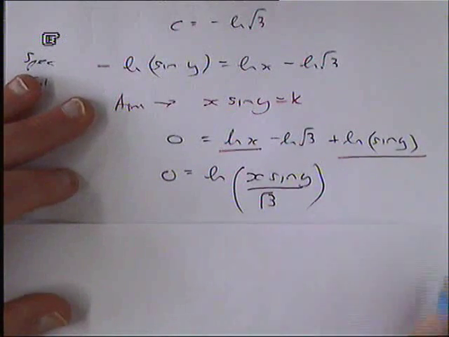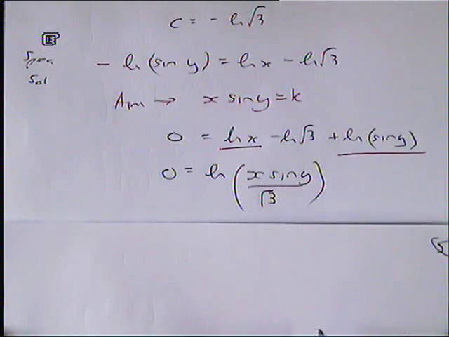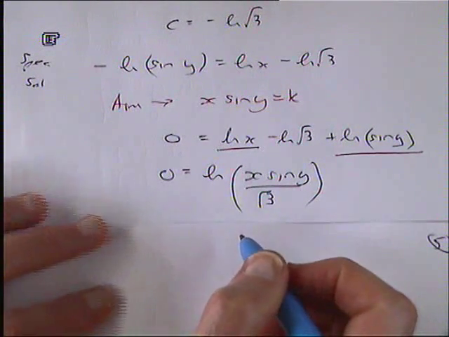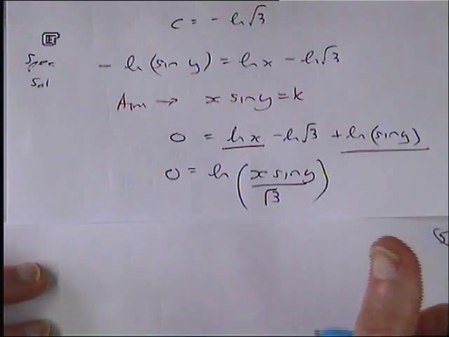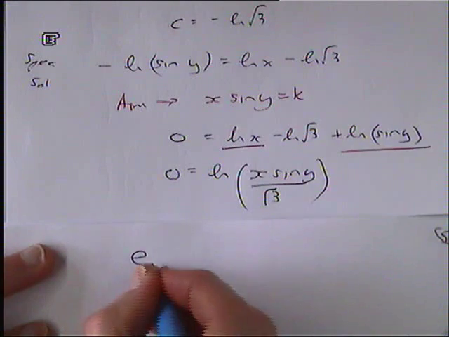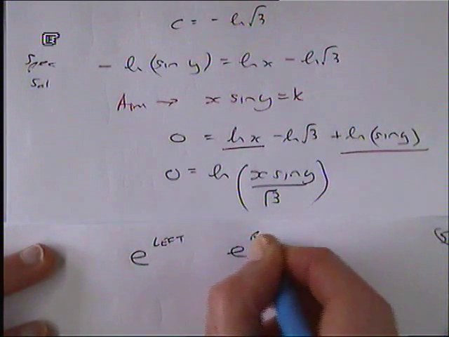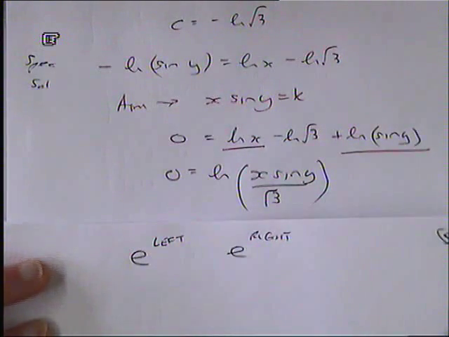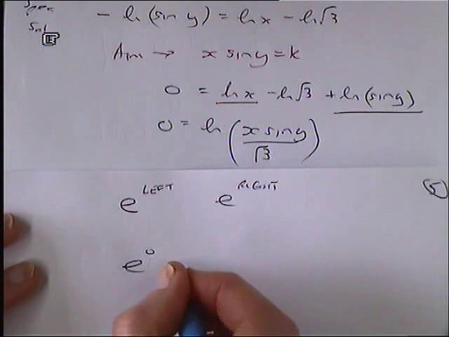Now, we've gone on a long way, but we are nearly there at the end of this question. I now have log written down only once. What did we say removes log? E. So now I need to do E to the left hand side, and I need to do E to the right hand side. So on the left hand side I will have E to the 0.